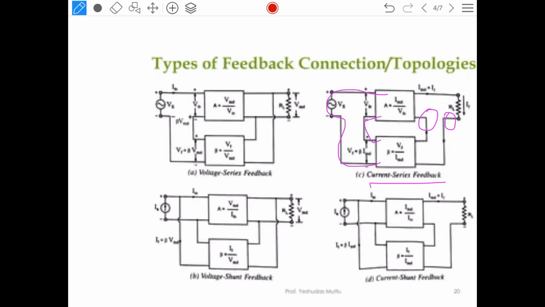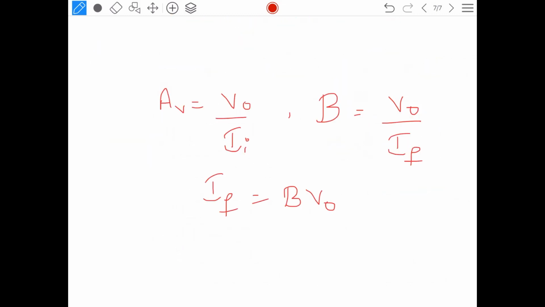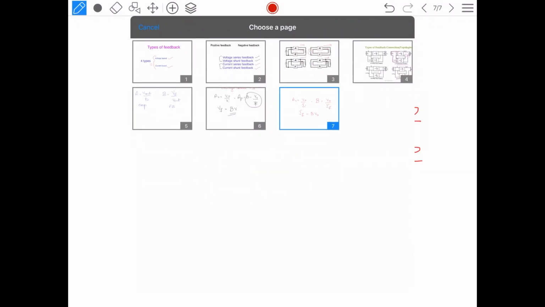In current series feedback, as you can see, the current is fed in series. So the equations will be AI, I'll write it as current gain, output current by applied current, and B is equal to feedback voltage by output current. So this is the gain of the current series feedback network.